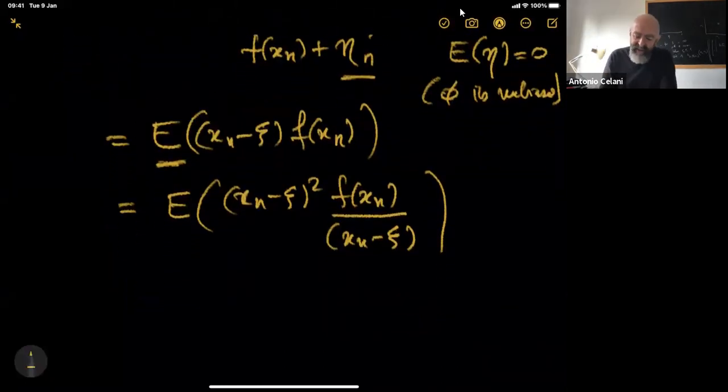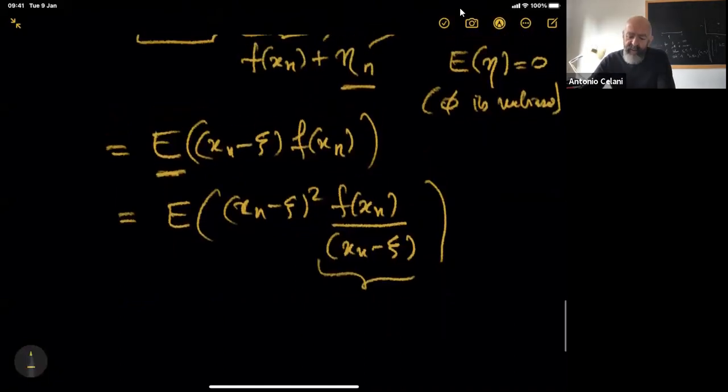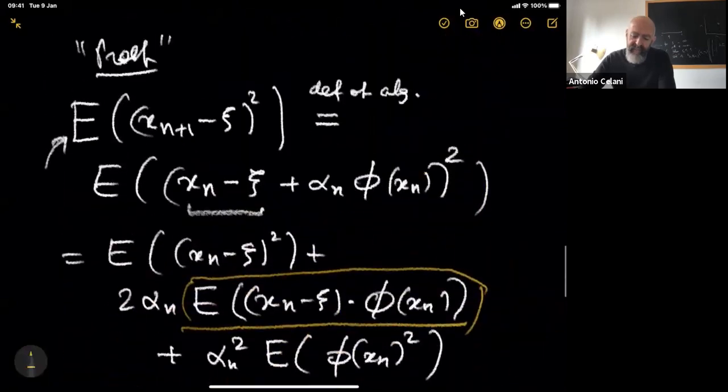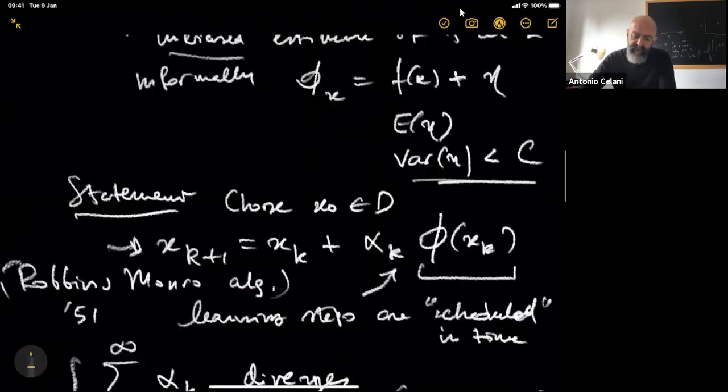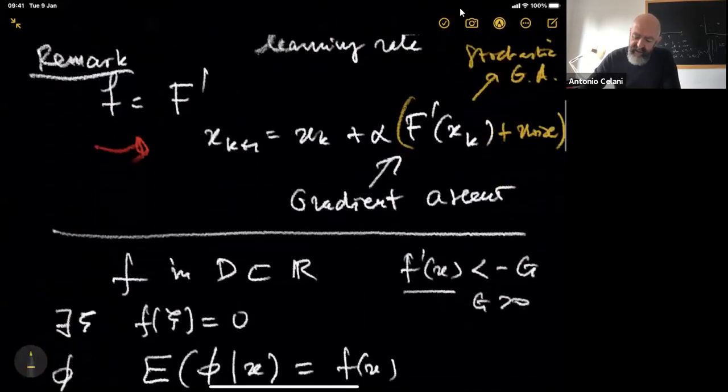Good. Now, why do we want to do this? Well, this ratio here, what is it? If I go back to my picture above, I'm going to redraw this object here because it's going to be a mess.